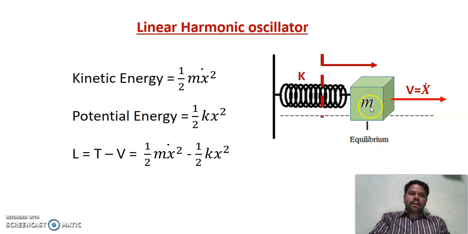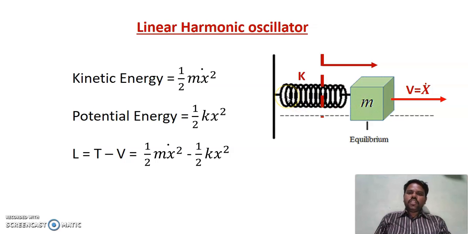If a force is exerted along the direction and released, due to the restoring force of the spring, the position changes. We know that the body of mass m will then be set into oscillation.